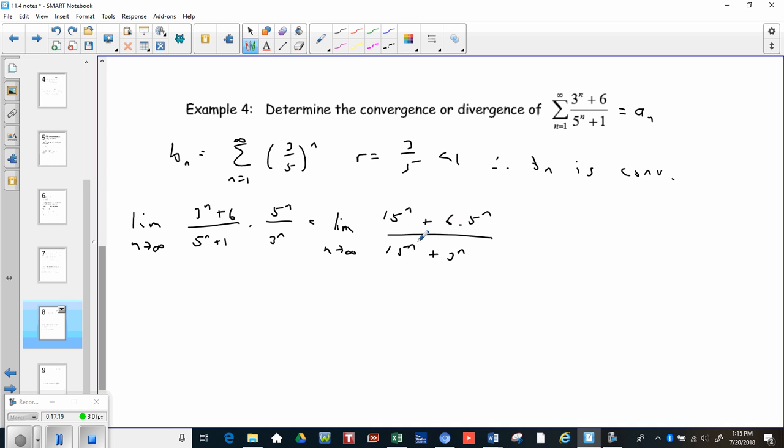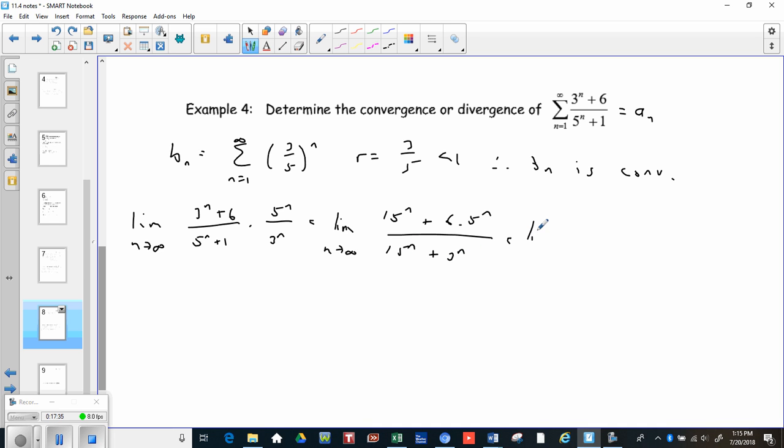What you probably want to do here is you want to divide everything, and this goes way back to Calc 1 stuff. You want to divide everything by the dominant term in the denominator, which is the 15 to the n. That's by far bigger than 3 to the n.